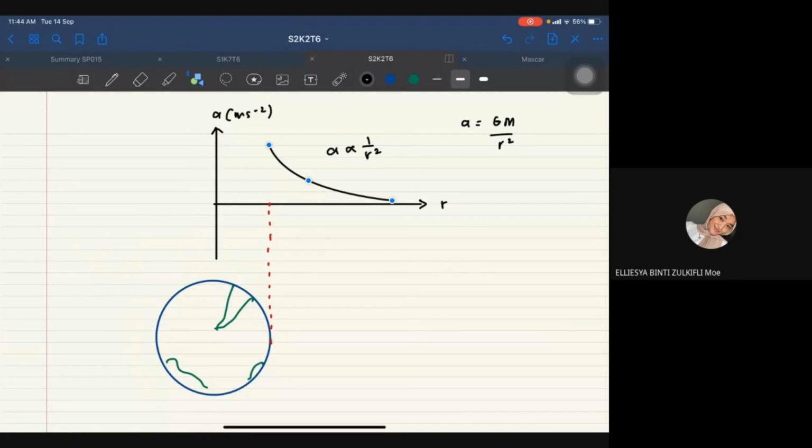But still, it's not approaching 0 lah. Sebab apa? Dia tak boleh 0. Sebab it doesn't matter how big, this one will become very very small and approaching 0 lah. Tapi dia tak sampai 0 pun. 1 over x, dia tak boleh 0. So basically, this one after radius of the earth.